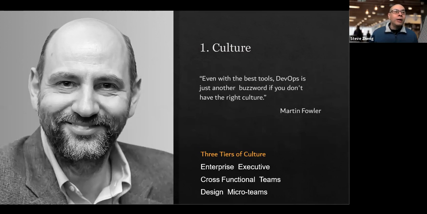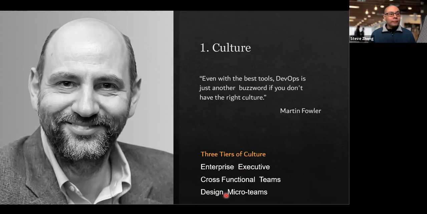Martin Fowler said, even with the best tools, DevOps is just another buzzword if you don't have the right culture. That's true. If we look closer at the culture, it has three tiers. The first one, enterprise executive. The second one, cross-functional teams. And the third, design micro teams.